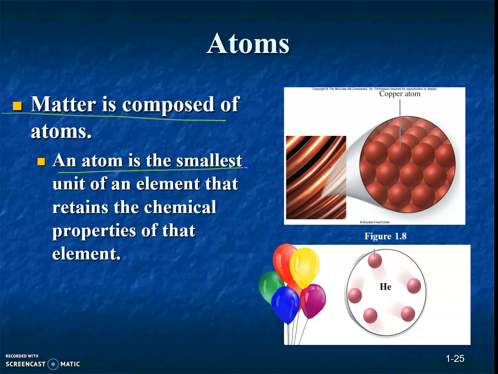An atom is the smallest unit of an element that still has the chemical properties of that element. What does that mean? See, if I have one hydrogen atom, this atom has all the properties of hydrogen.